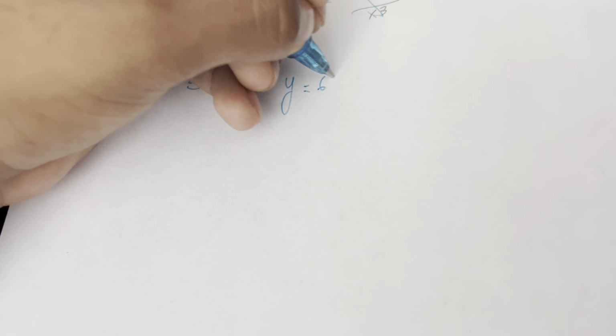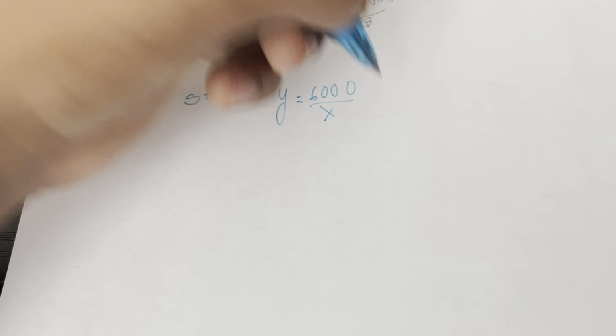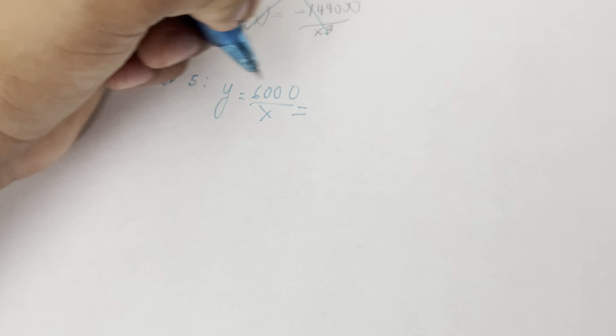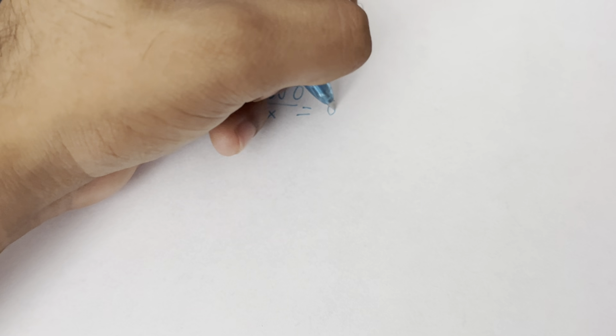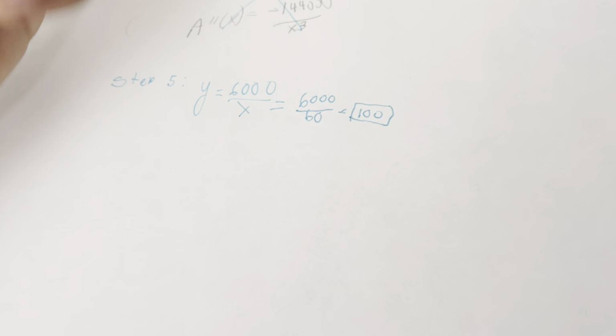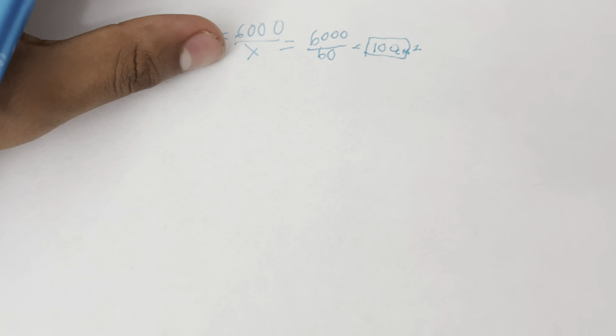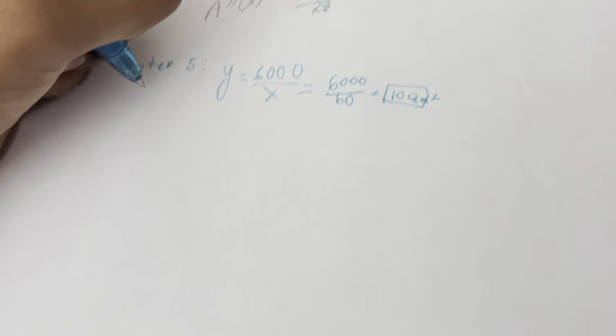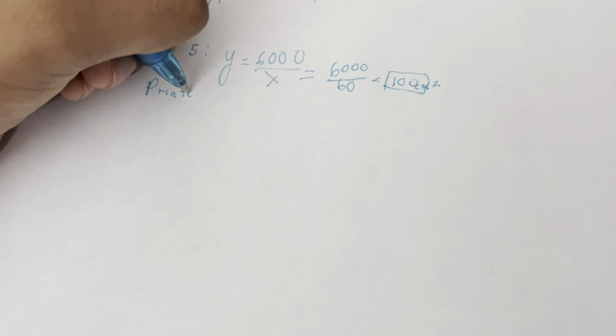We use the regular function that we have, 6,000 over x, and we got x equals 60, so 6,000 over 60 equals 100. In this case the units are centimeters squared. And to find the printed area is to find the maximum already.